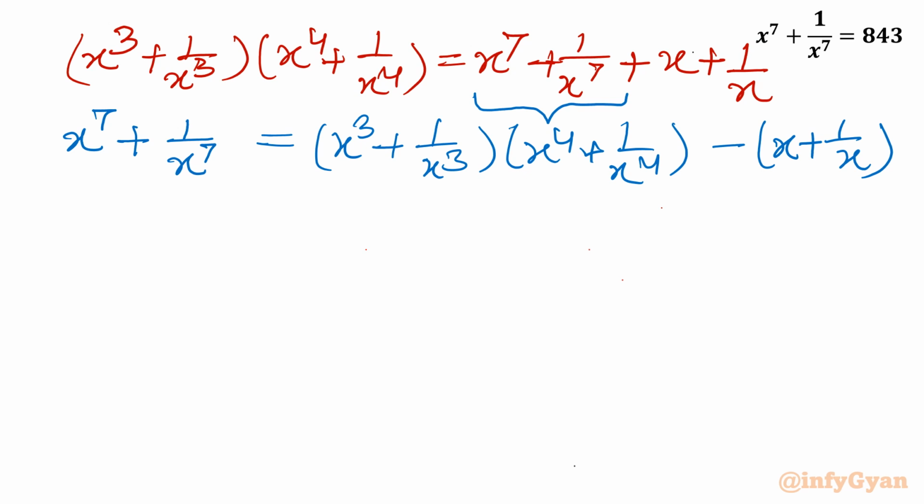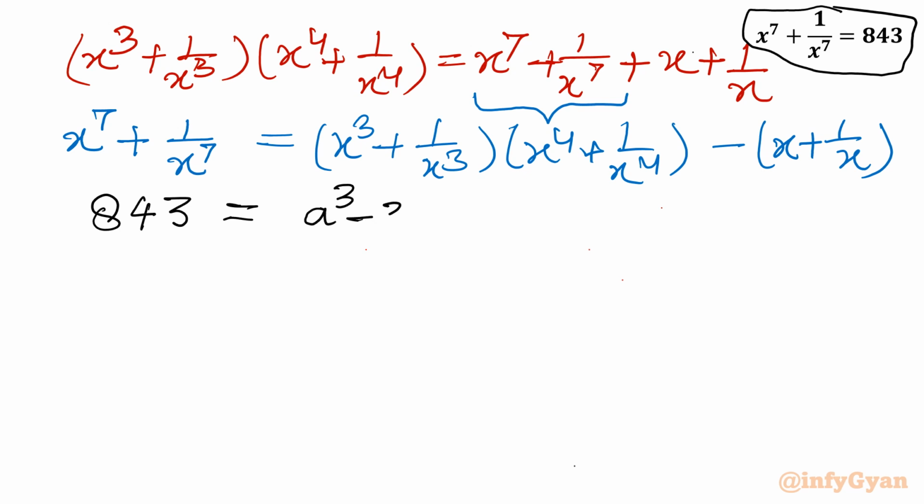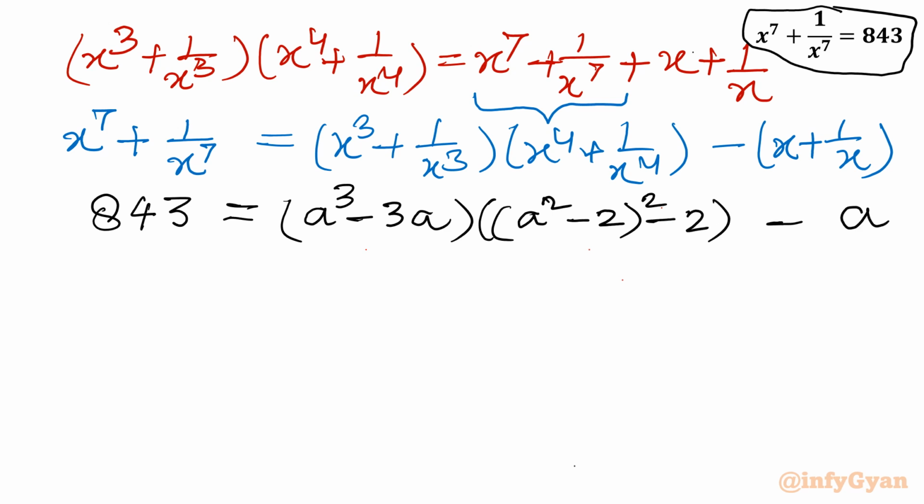Now let us put the value of sum of cubes, x cube plus 1 over x cube and x power 4 plus 1 over x power 4. So I can write, here I will be writing 843. So this side is 843 equal to, this is a cube minus 3a, and this bracket we calculated a square minus 2 whole square minus 2, and then it is minus a.